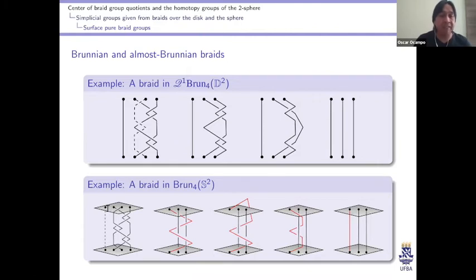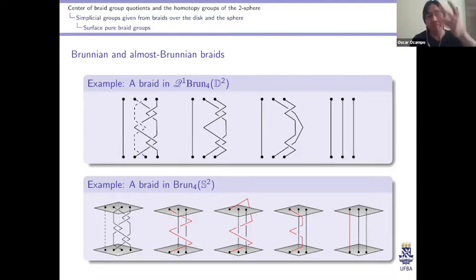And when we forget the first string, now it's possible to do some movement allowed in braids over the sphere. It seems like a disk, but in fact this is a sphere, and we may go around this sphere and do the movements in order to complete the movement and get the trivial braid. So it is an example of a Brunnian braid with 4 strings over the sphere.